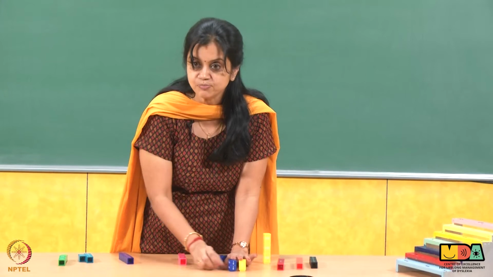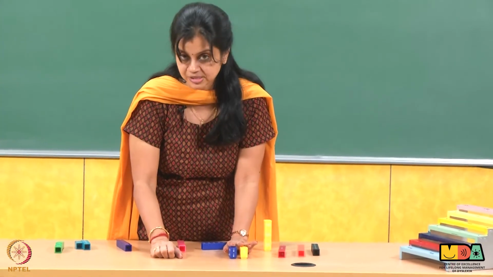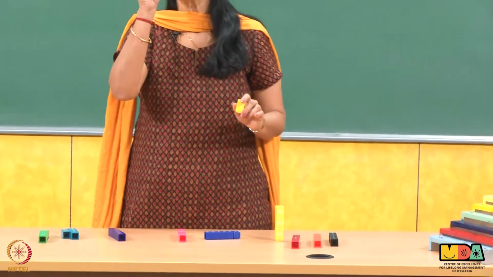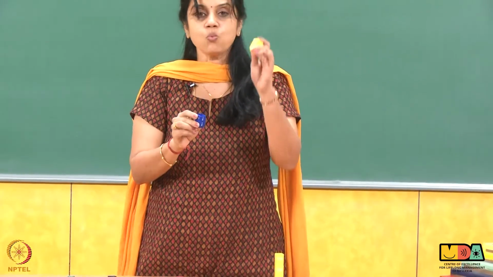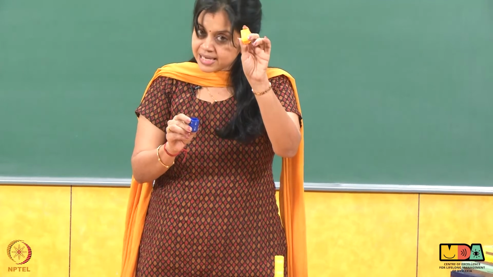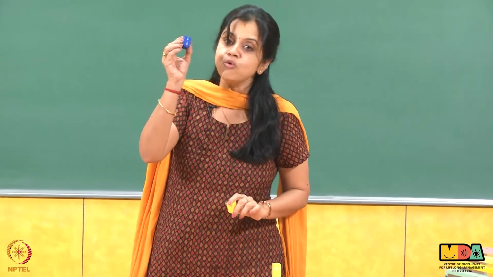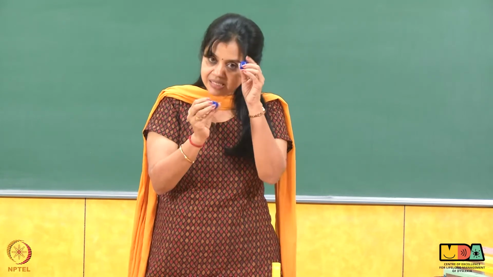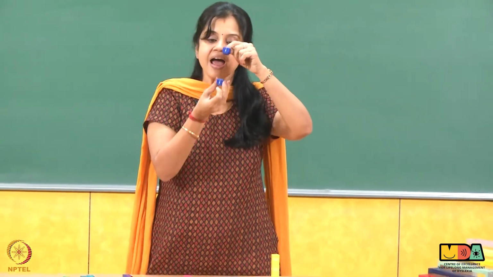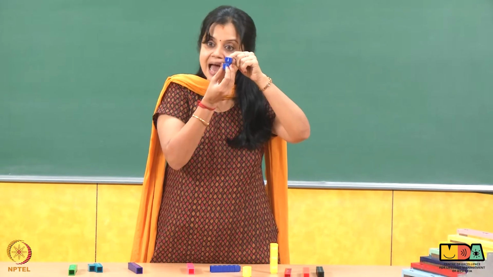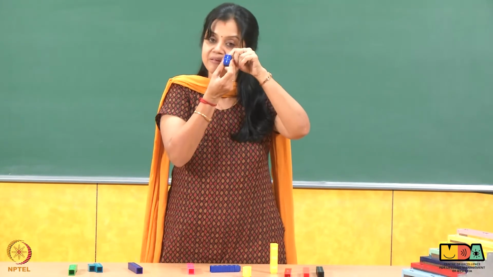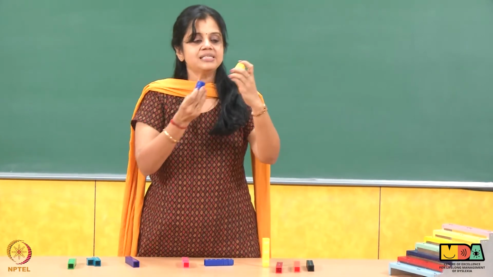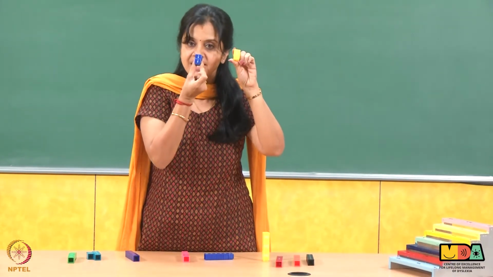They realize that both these are of the same height, that means this block is equal to this block, that means 1/4 is the same as 2 pieces of 1/8 put together. That means 1/8 added to 1/8 is 2/8. So, 1/4 is equal to 2/8.